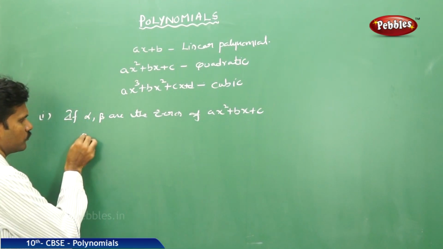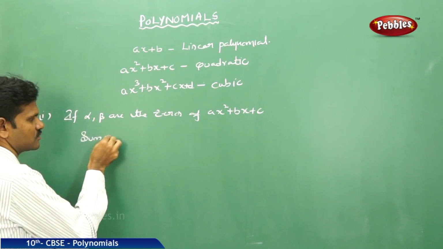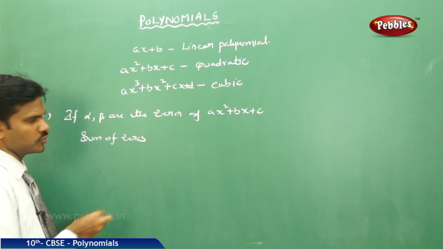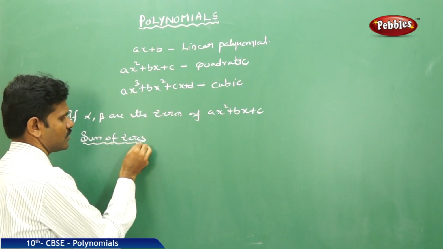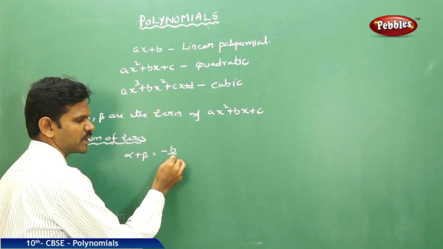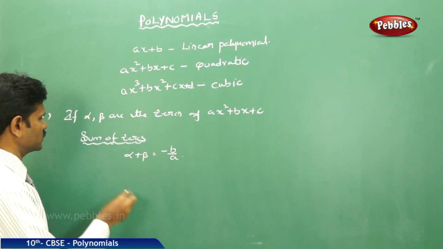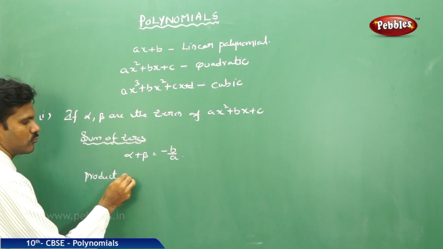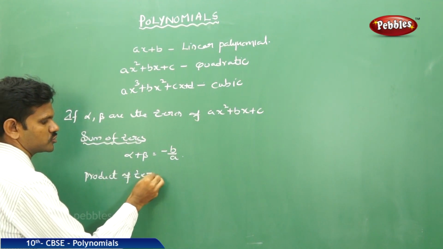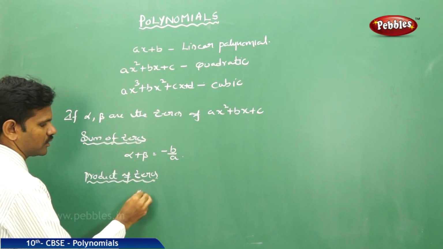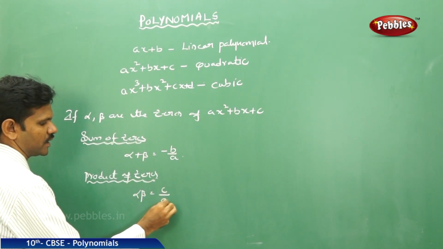Then here we have 2 cases. Sum of zeros is alpha plus beta, which is equal to minus b by a. Next, product of zeros, alpha beta, is equal to c by a.